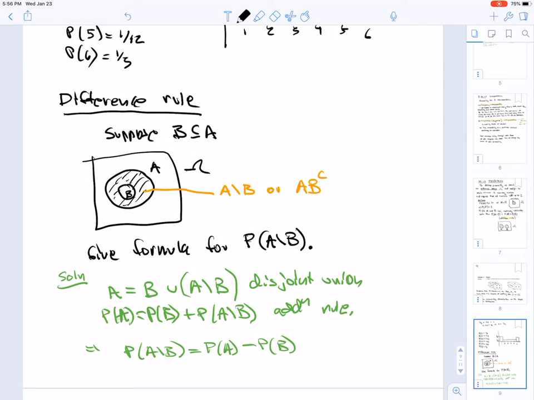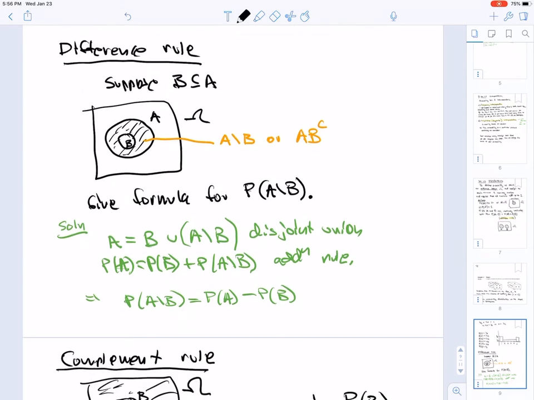So the difference rule. Suppose that B is a subset of A. What I want to find is the probability of A not B. That's the difference. It's also A intersection the complement of B. In other words, you're in A and you're not in B. So A\B or A minus B both mean the same thing. It's this annulus region here, A that's not B. We want to find a formula for this difference using our axioms.